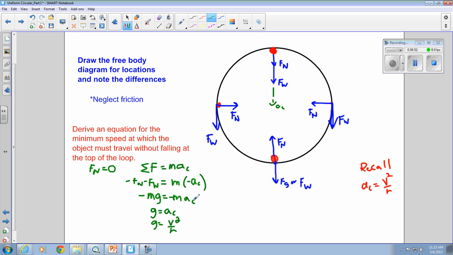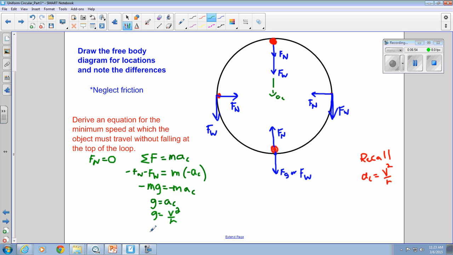Multiply both sides by r, and you have gravity times the radius of the loop equal to v squared, and if we took the square root of both sides, we would get our derived formula for the minimum speed. That's the minimum velocity, or minimum speed, that this object needs to travel in order to stay in contact with the loop without falling off.